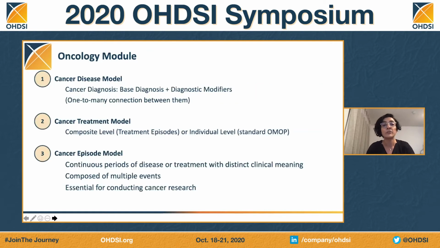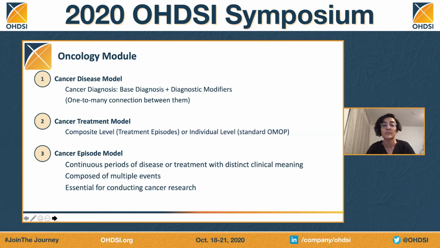Just a very quick recap about the oncology module. The module has three components: the cancer disease model, introduced to help us with identification of cancer diagnosis using a combination of base diagnosis and diagnostic modifiers.